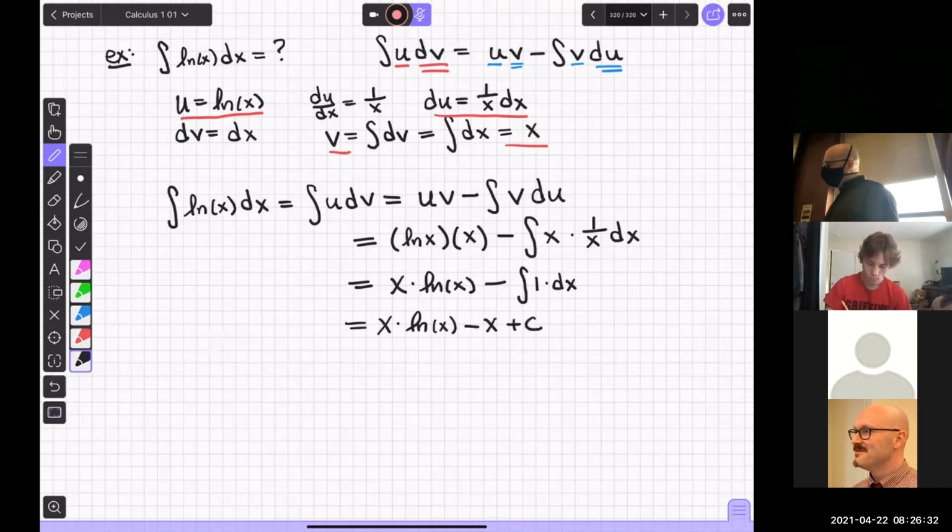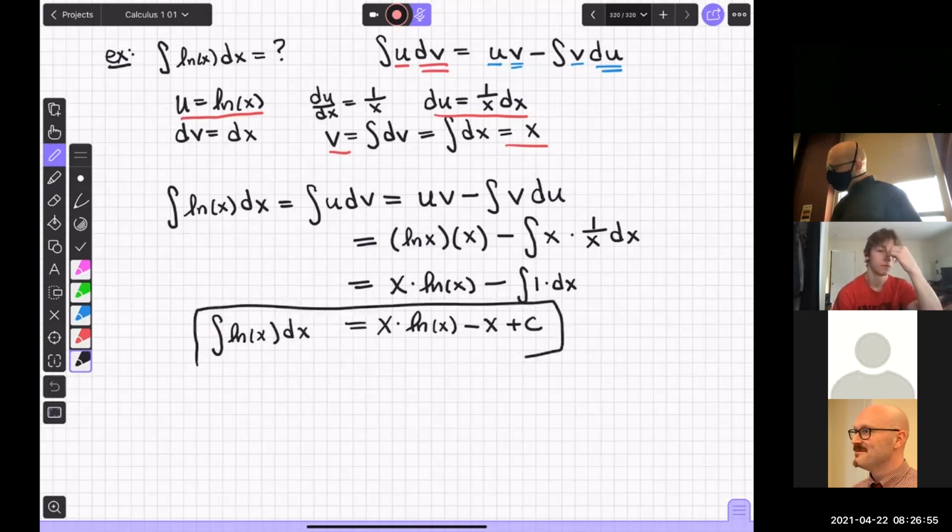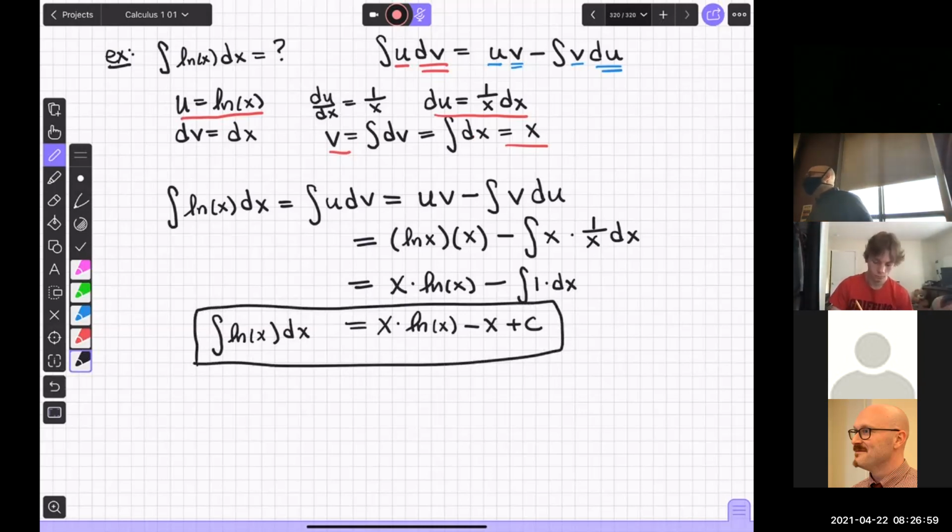Well, now I'm going to put the plus c in because that was then a final antiderivative I was finding. So here's where it's fair to put the plus c. So that means that what we just found was that the antiderivative of the ln of x is equal to x ln of x minus x plus c.